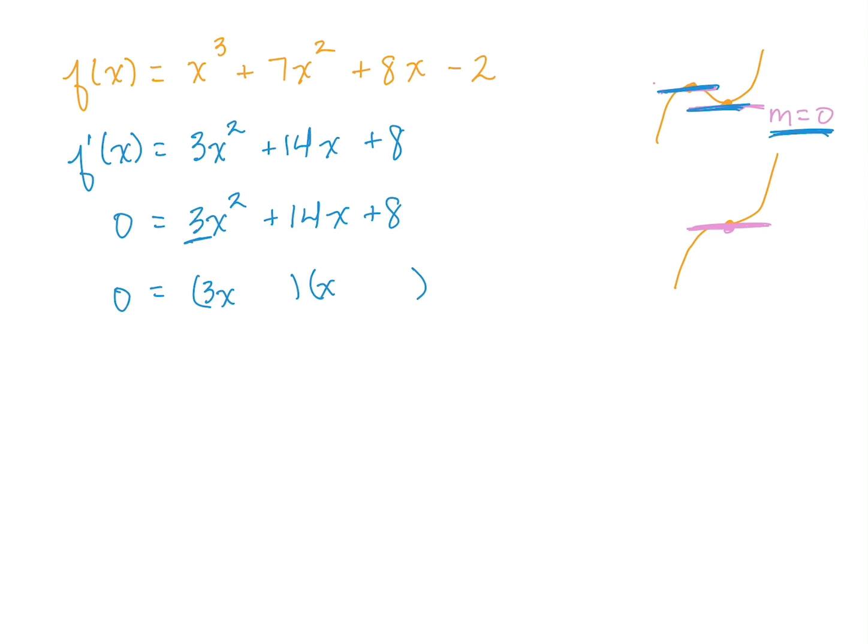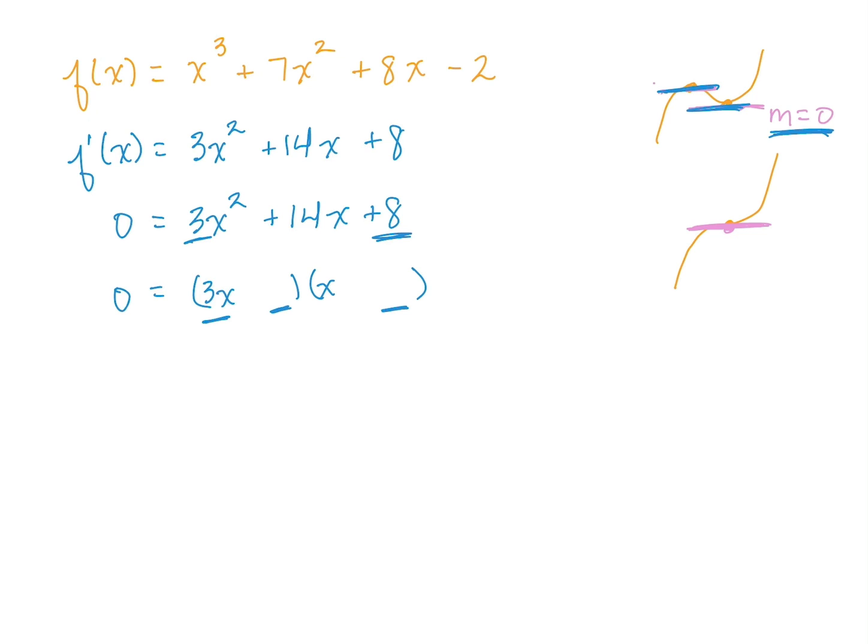Now for my c value, the plus 8 is not a prime number, so there are a couple of options of what values could be in the second position for each of these binomials. But let's just try and think through it. This 3x is going to be multiplied by whatever number is here, and then I'll be adding it to whatever this number is times x.